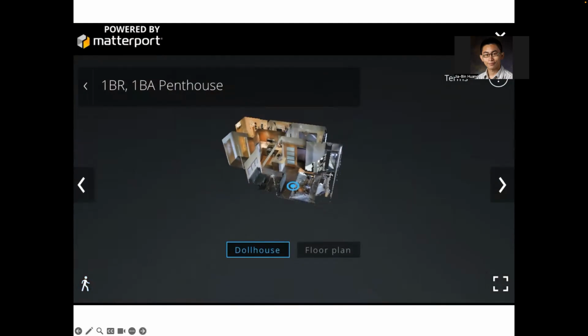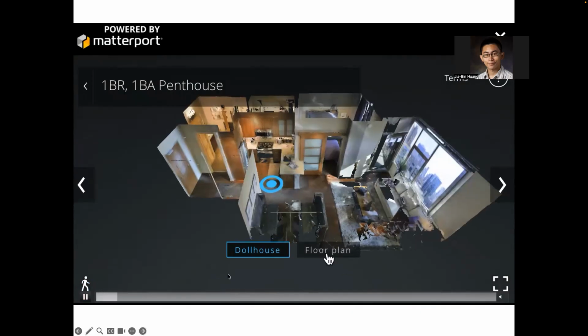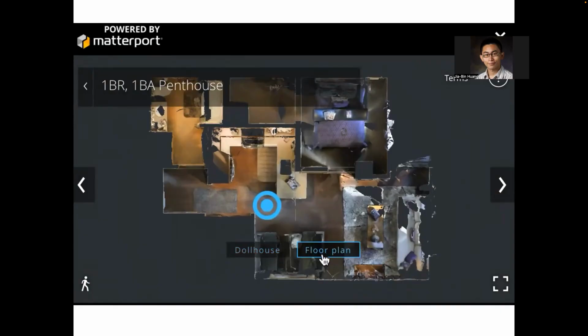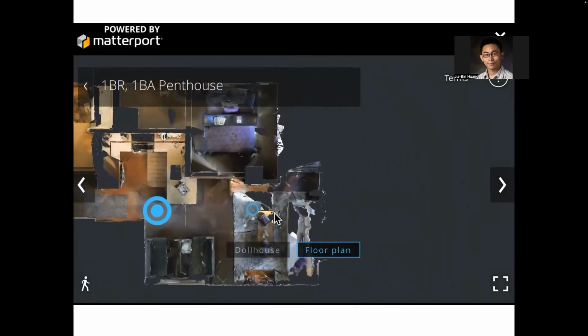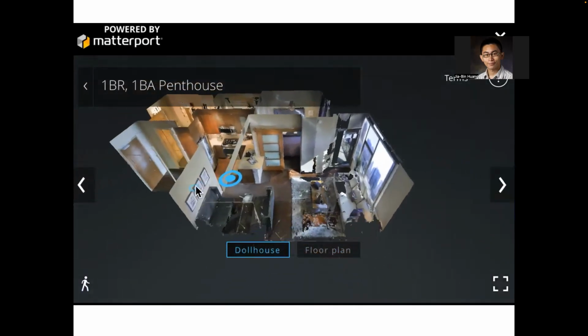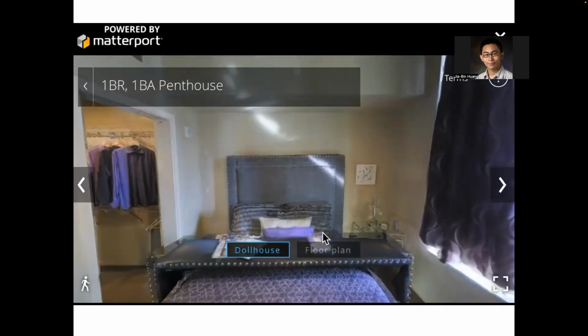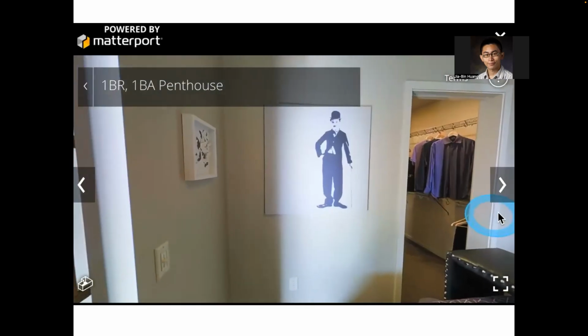Instead of getting there in person, you can shop around like this. Okay, so you can recover the whole home in 3D, so you know how things are related relative to the spatial layout. And then if you want, you can hop onto one of the rooms and see what that looks like.